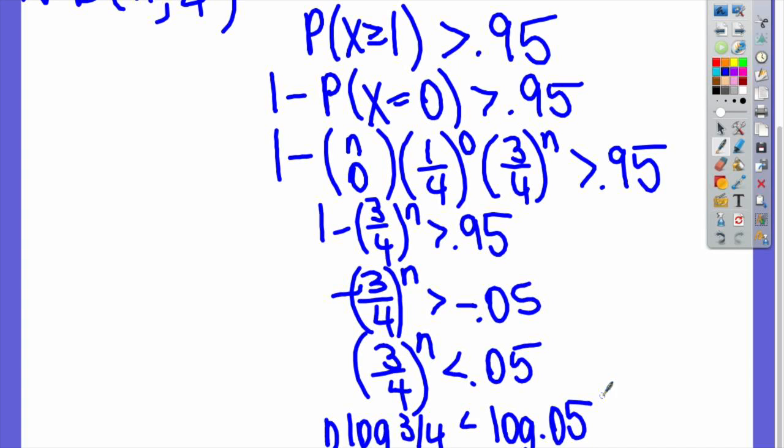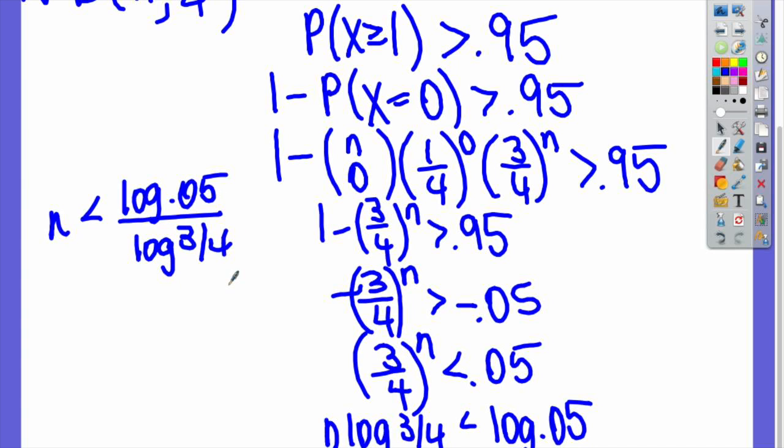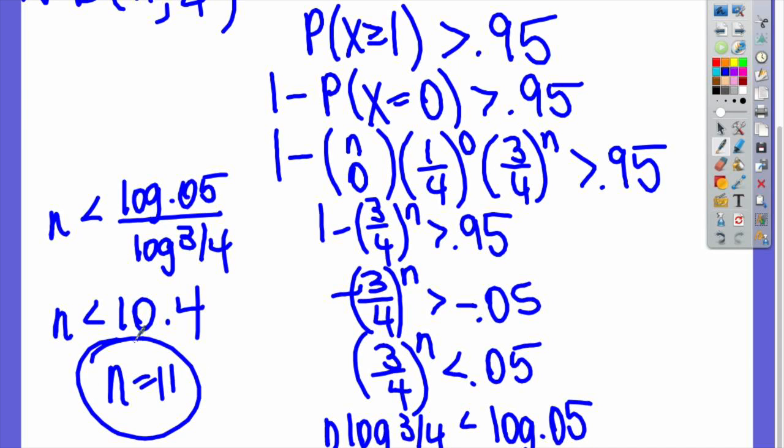And so then n is what? 10.4, so that would be 11 flowers, so that the probability of drawing at least one red is greater than 0.95.